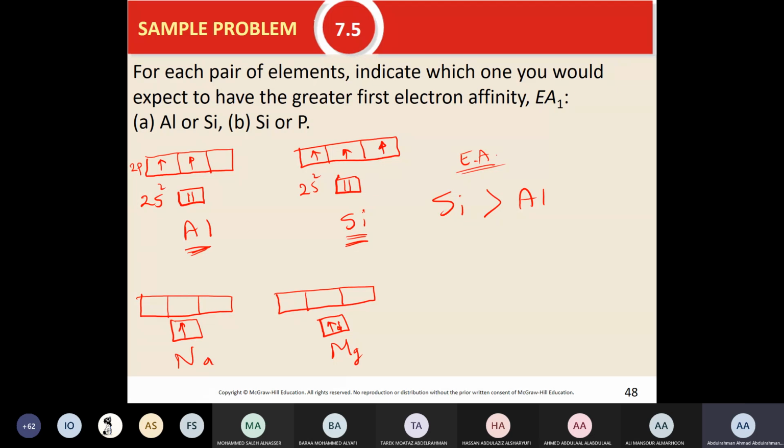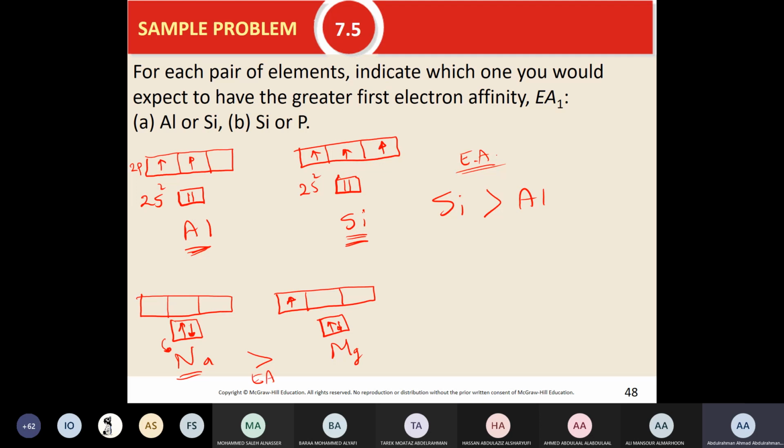Which one will have higher electron affinity? Sodium. Why? Because it's easier to add in the s than in the p. Even though there is repulsion, because this one is very close, the Z effective becomes more important, and that's why it's easier.